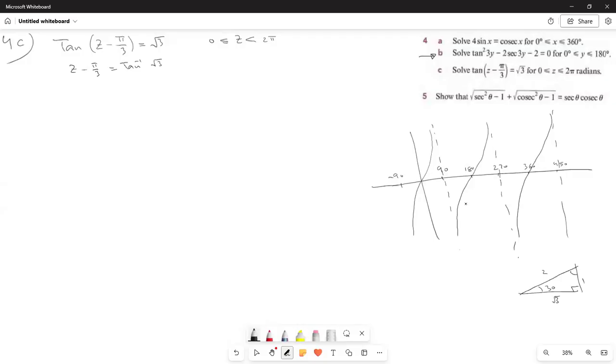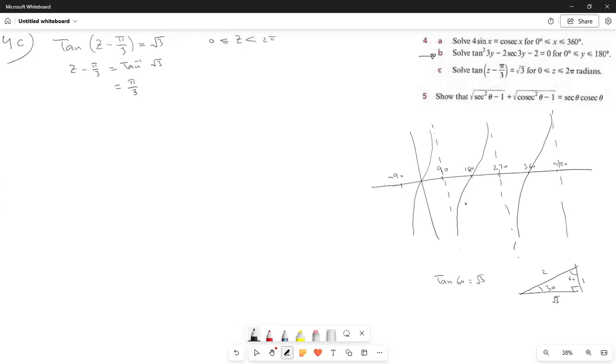And if this is 60 degrees, tangent of 60 degrees is square root of 3. So inverse tangent of square root of 3 is 60 degrees, and 60 degrees is pi by 3.